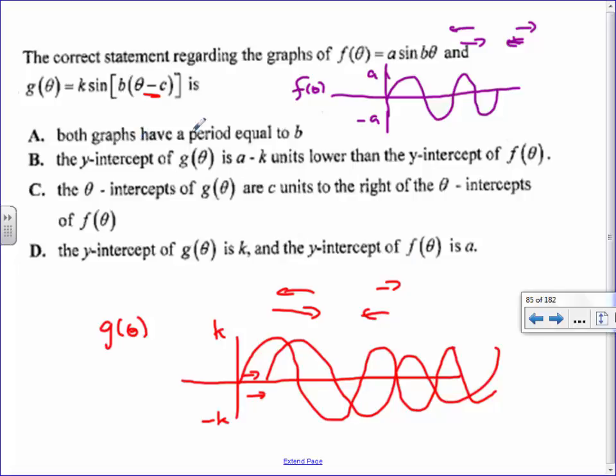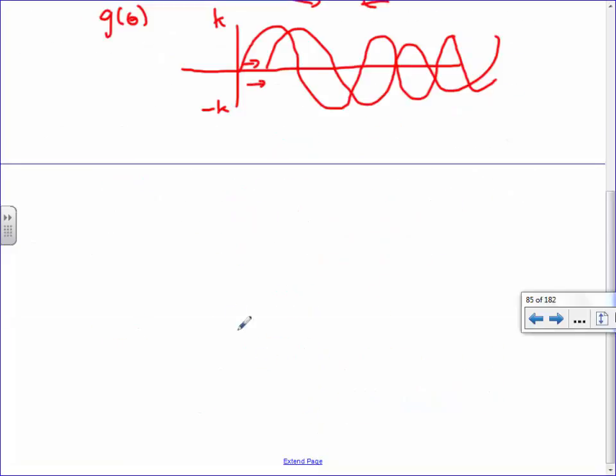Do both graphs have a period equal to b? Okay, let's talk through that. What's normally the period of a graph? Well, normally the period of a graph is 2 pi. But whatever that b value is, I have to then divide by b.